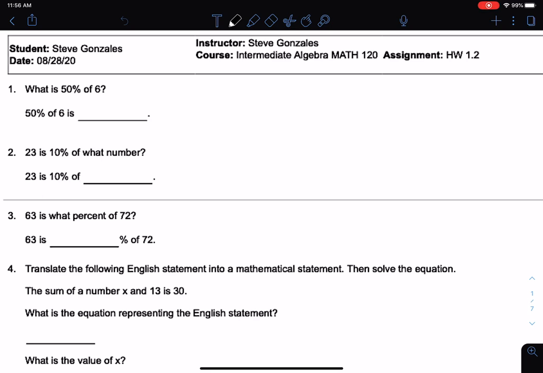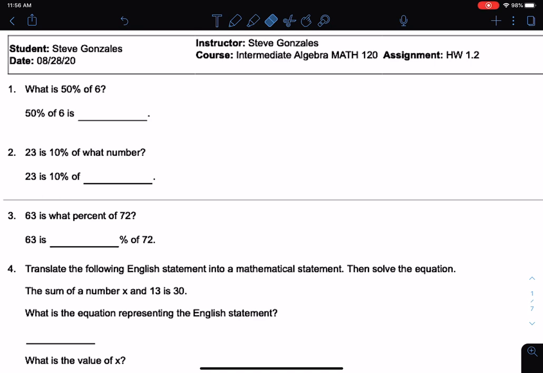When they say something like, what is a percent of something, 23 is 10% of something else, 63 is what percent of something else, it is kind of easy just to do it that way, translating a phrase into a mathematical statement.